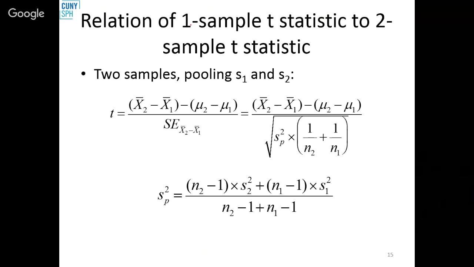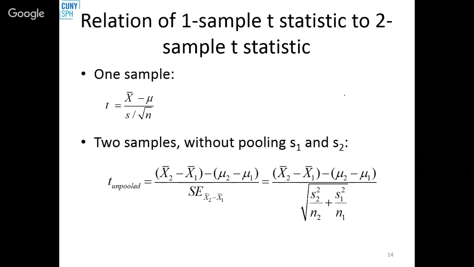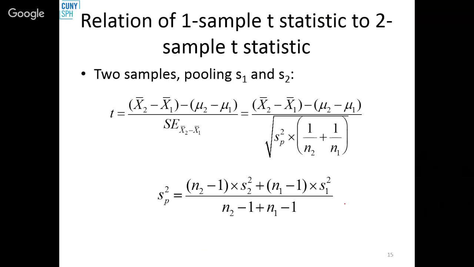So one more calculation related where these standard deviations are pooled. Sorry, that previous one was for using the individual standard deviations. You see, we had S1 and S2, the two standard deviations in the calculation.